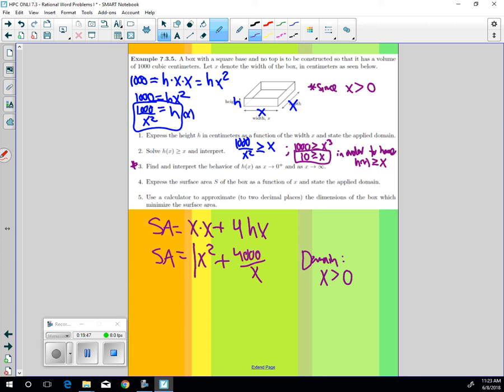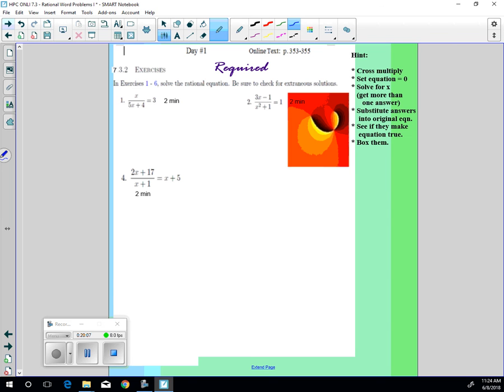So put this into your calculator, and when you look at surface area, it's going to go like this. Okay. I want to know what this x is. Very cool. So that is minimizing, maximizing, and using your knowledge to figure out word problems.